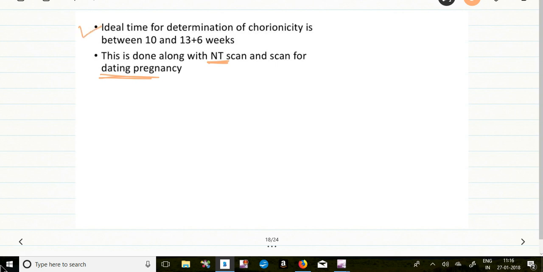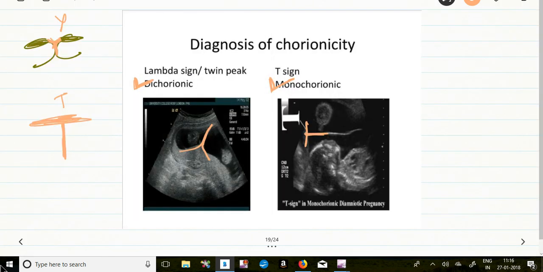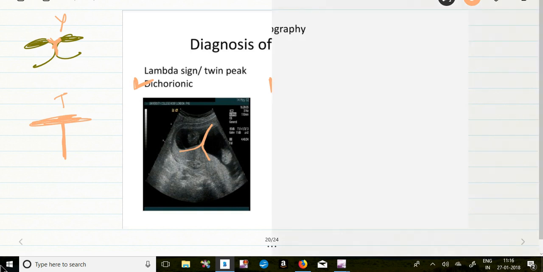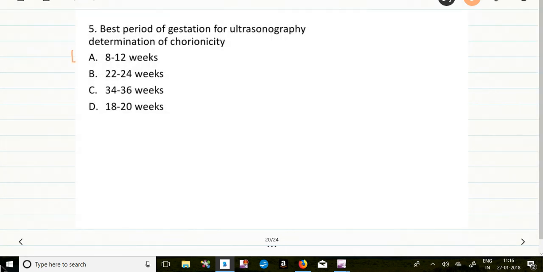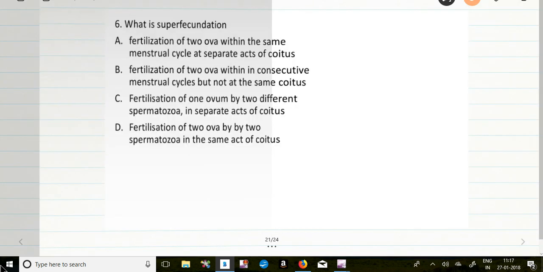So the best time to do ultrasonographic determination of chorionicity in twins is 10 to 13 plus 6 weeks. This is the time of first trimester aneuploidy screening as well. So you do nuchal translucency as well at the same scan. The answer here is 8 to 12 weeks. The later in pregnancy, the thinner the amniotic membrane will get, and less easy it will be to differentiate between dichorionic and diamniotic twin pregnancies.